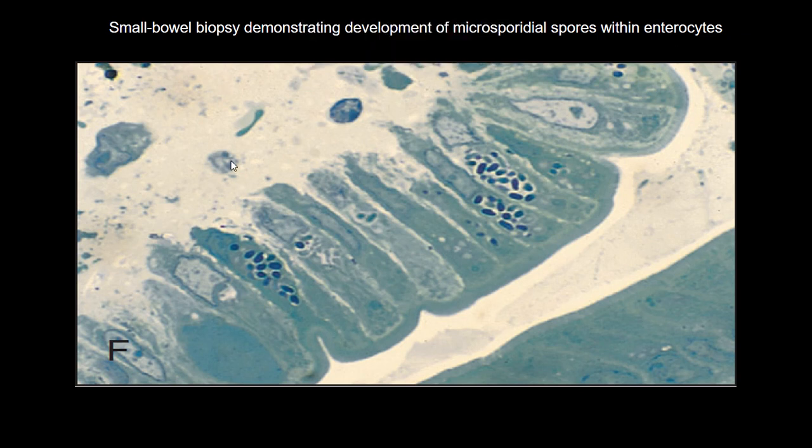For example, patients who develop severe watery diarrhea and have the Cryptosporidium parvum can be diagnosed by using fluorescinated antibodies, and by taking a biopsy from the GI tract. You can see here the spores of Cryptosporidium, and then you can make the diagnosis accordingly.